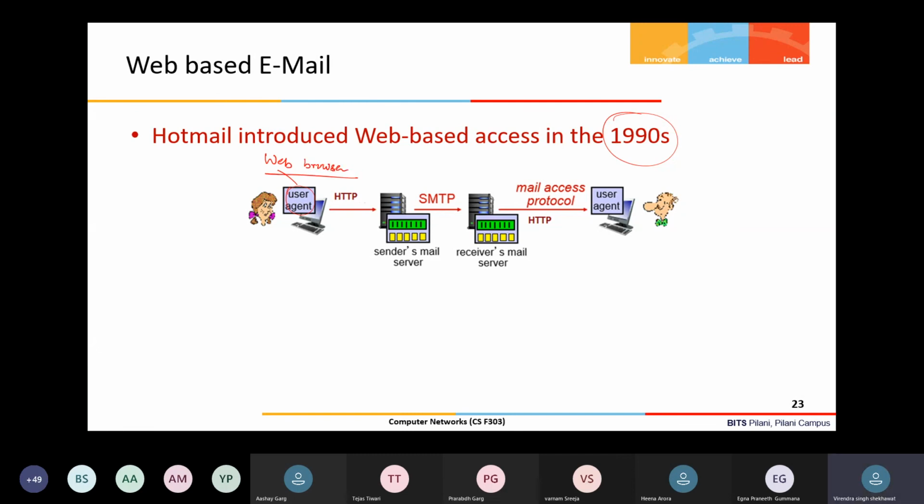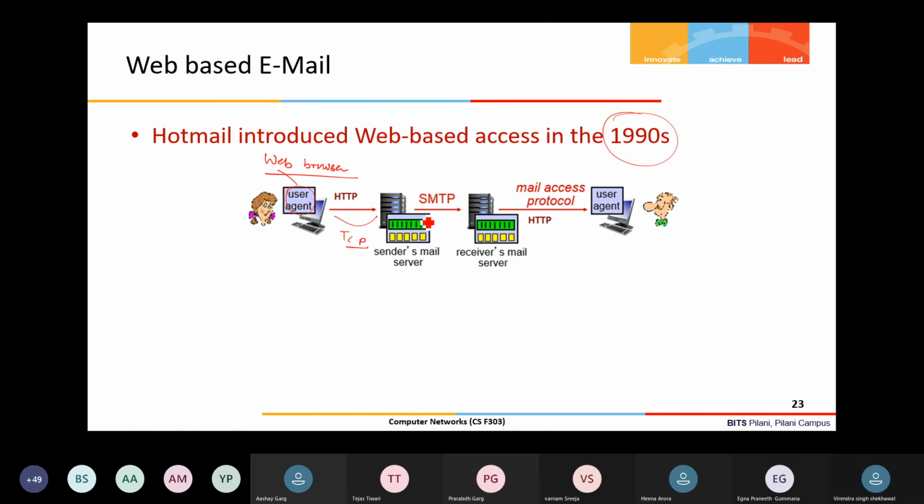And the protocol used between the web browser, meaning the client, and your side's mail server, the sender side's mail server, is the HTTP protocol. The rest of the things are the same. A TCP connection is opened, and over the TCP connection the HTTP protocol is used to transfer the information.